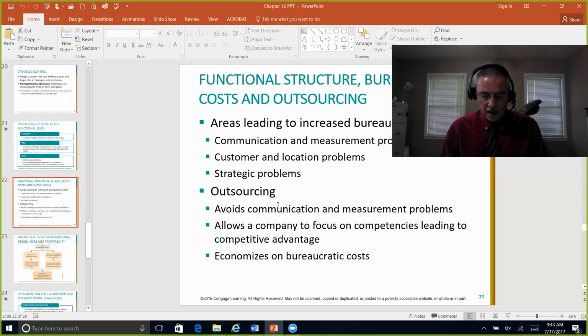It's measurement of the product range as it widens, develops new competencies, and enters new market segments. You have customer problems that may arise as well.